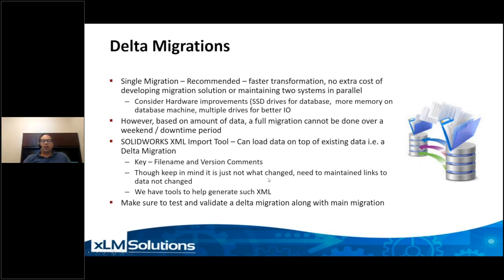So we've built tools to better optimize delta migrations. And the key thing is, obviously you're testing the migration throughout, but don't just test loading the main data. You should also test performing the delta migration as well, if you need one. So if you feel you're going to need a delta migration, make sure that's in your test plan.